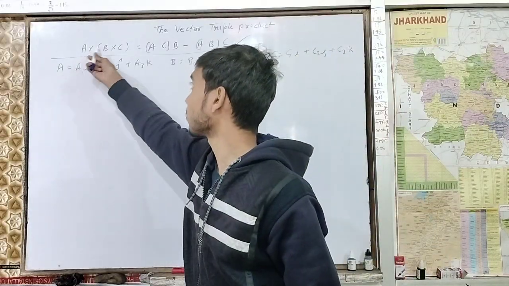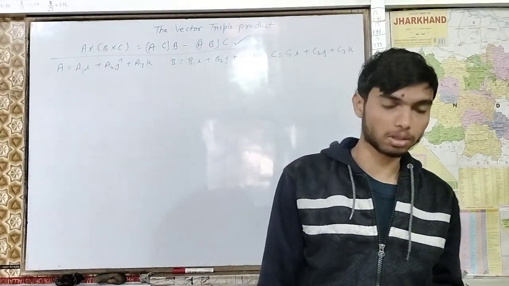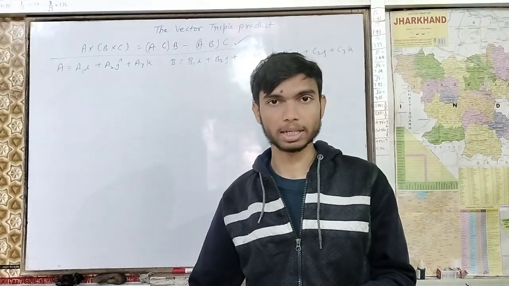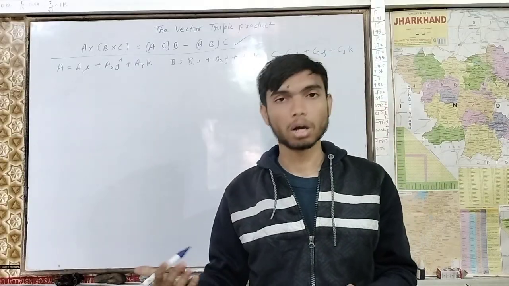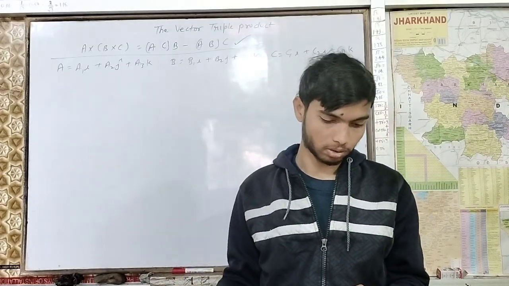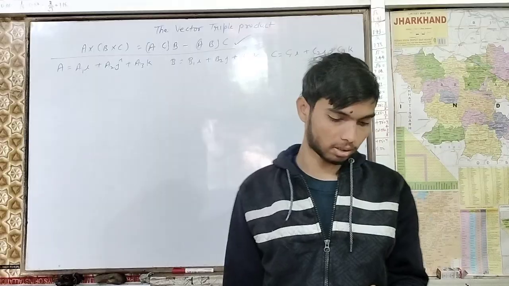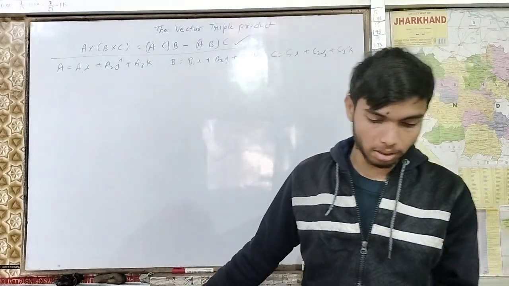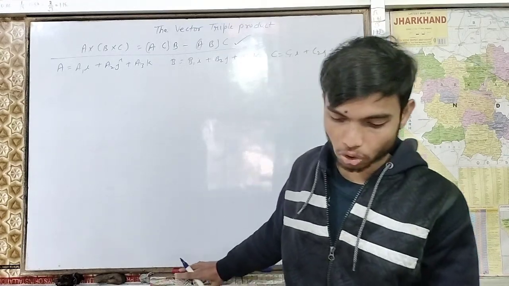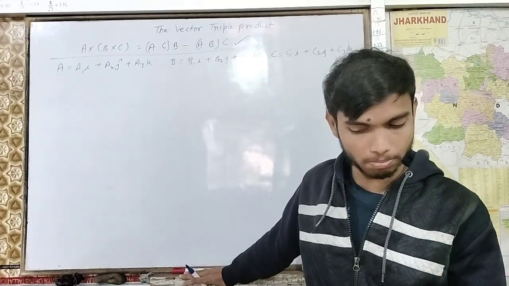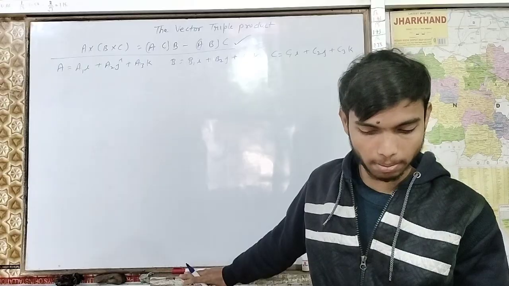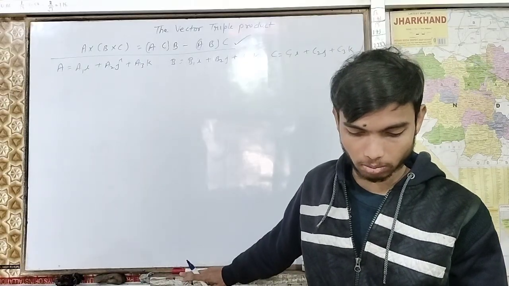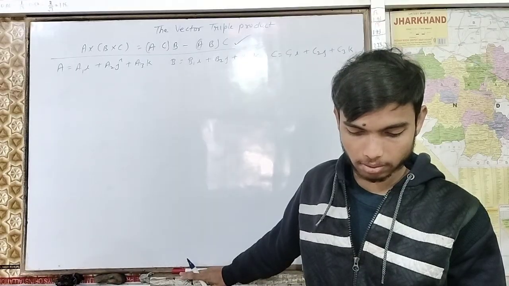Means A is perpendicular to B cross C. Perpendicular to both the vectors whose product has just been taken. Since A cross B cross C is on the same plane as B and C, it follows that, where A and B are scalars.